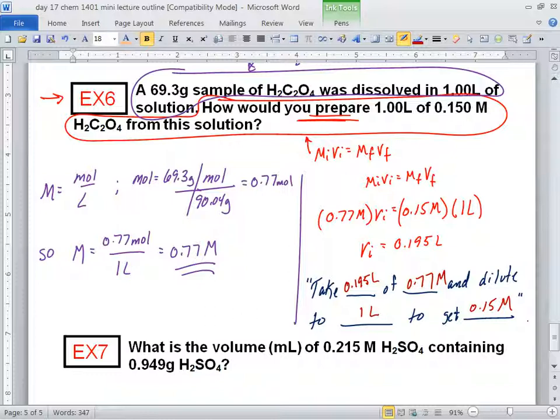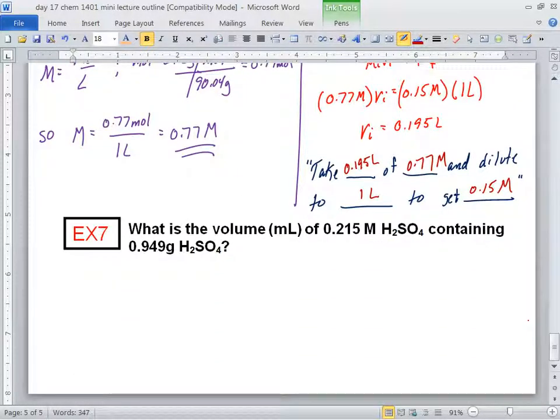Is anyone stuck on EX6? Let me help you. Try EX7. Did you get an answer for EX7? No? Hopefully you're using this expression, because I don't see two volumes in here.